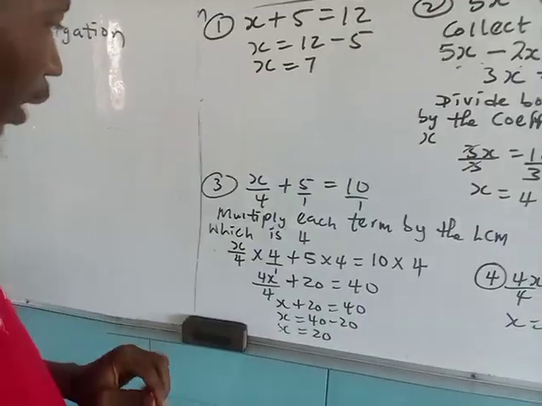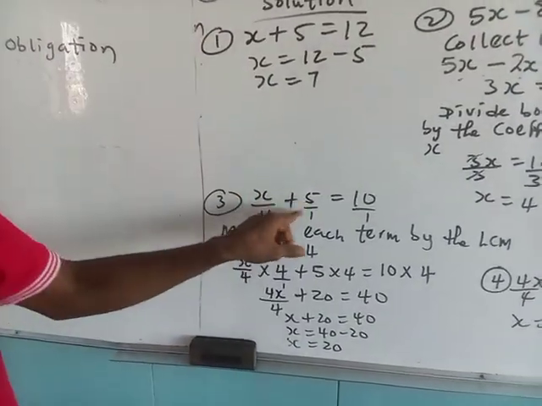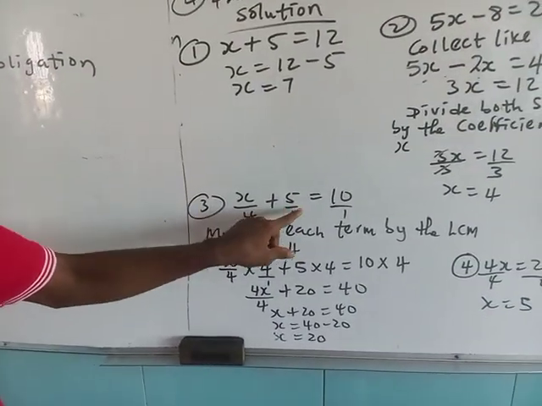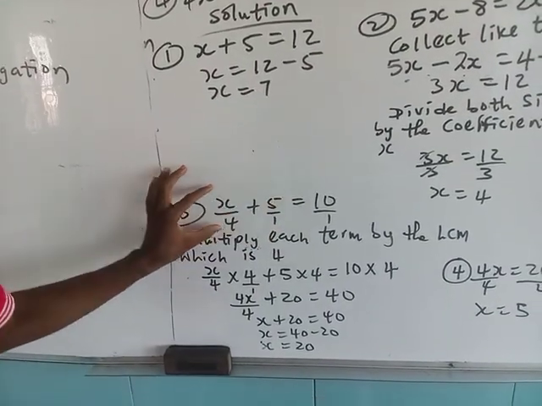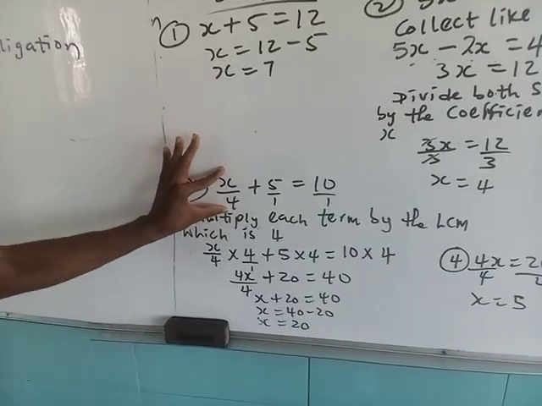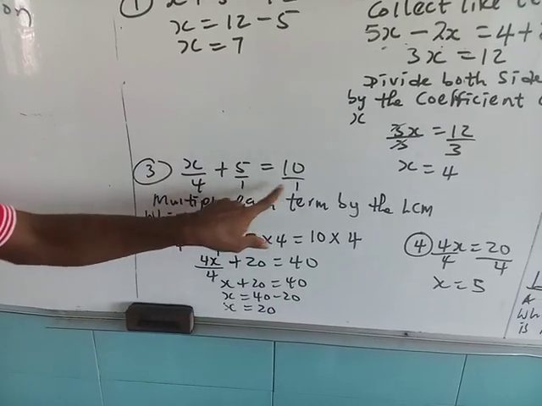Then another example here is x over 4 plus 5 over 1 equals 10 over 1. Why do I place over 1 for this? We are just trying to make it a fraction, just like x over 4. Anytime you are given an equation with fractions, what you do is find the LCM of the denominators.